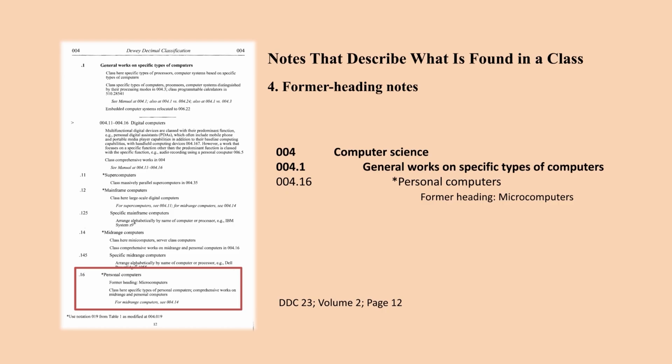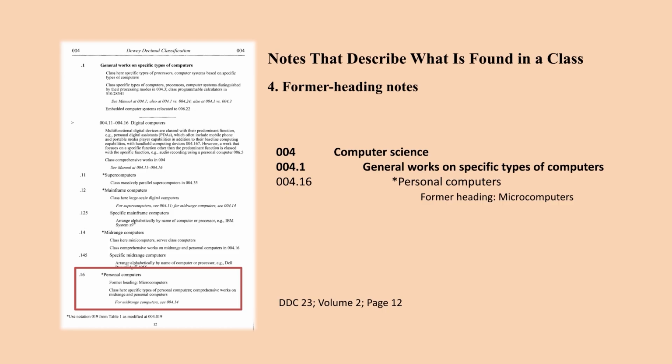So in the previous editions, the 004.16 was recorded as microcomputers, but in this particular edition, it was recorded under personal computers. It is required for old libraries where more than one edition of DDC has been procured, and at the point of time they are using the previous edition, and presently they have procured a new one.